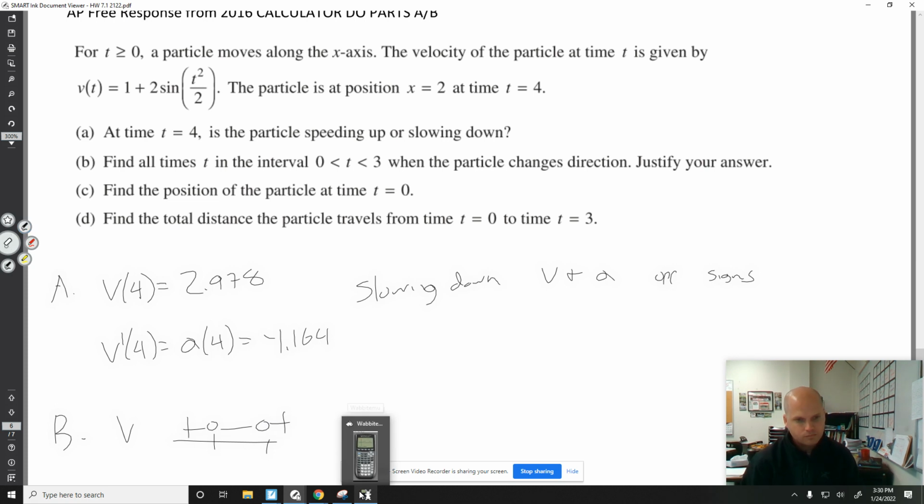So we're looking at when v changes sign. This is the same as when does f have relative maxes and mins. It's the same thing. Changing directions will be a max or a min of position, position thought of as f, maxes and mins of f.